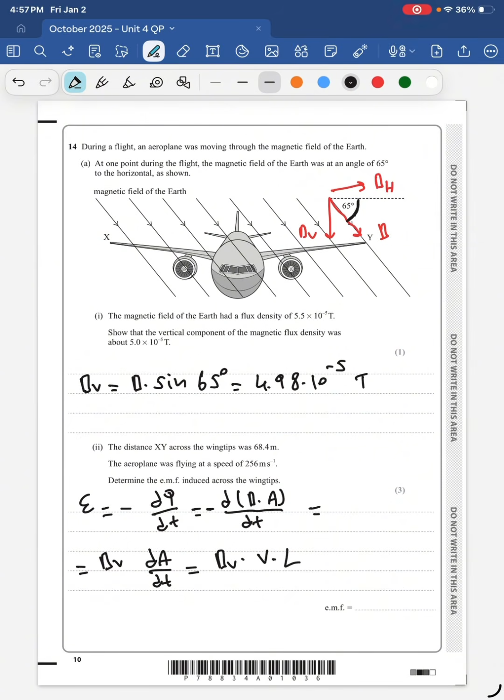I don't know how to draw it, but this is the length of the wings, and the aeroplane moves outwards like that with some velocity. So it scans through a rectangle, pretty much, which is equal to L times this side over there.